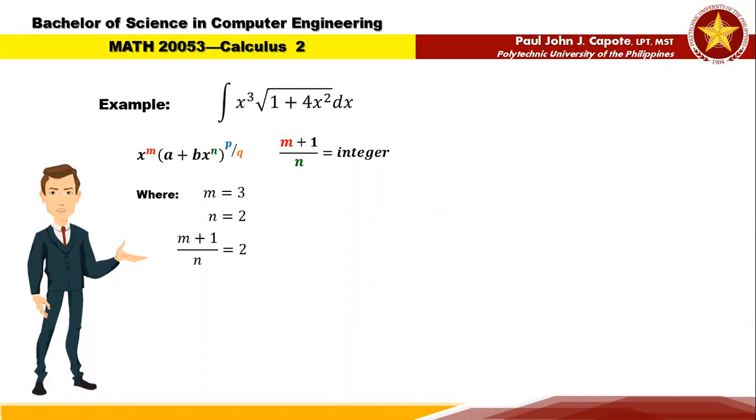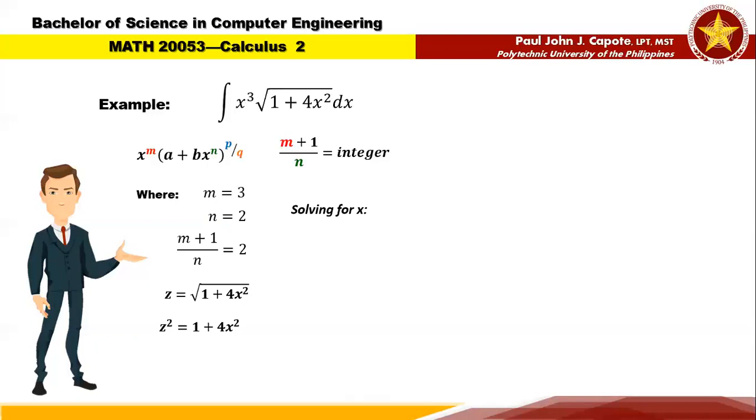And 2 is an integer. Now, since we satisfy the condition that m plus 1 divided by n is an integer, then we use the substitution z is equal to the square root of 1 plus 4x squared, which implies that z raised to the power of 2 is equal to 1 plus 4x squared.